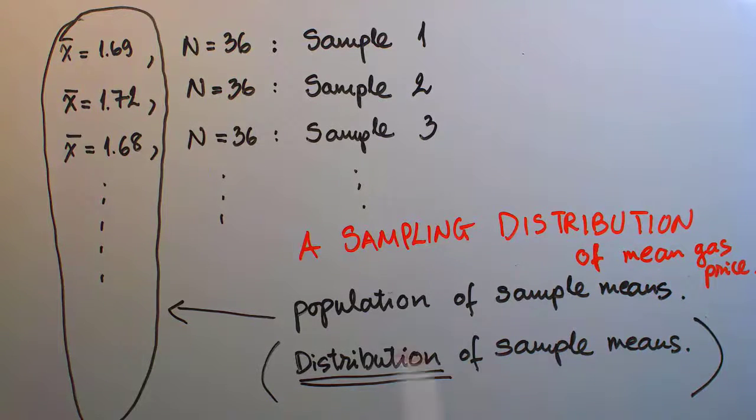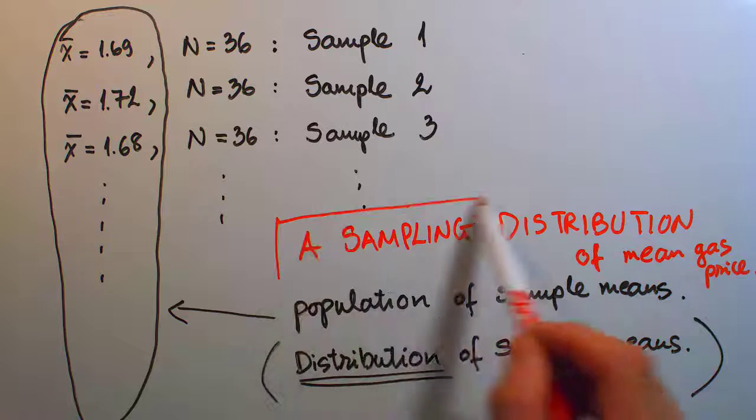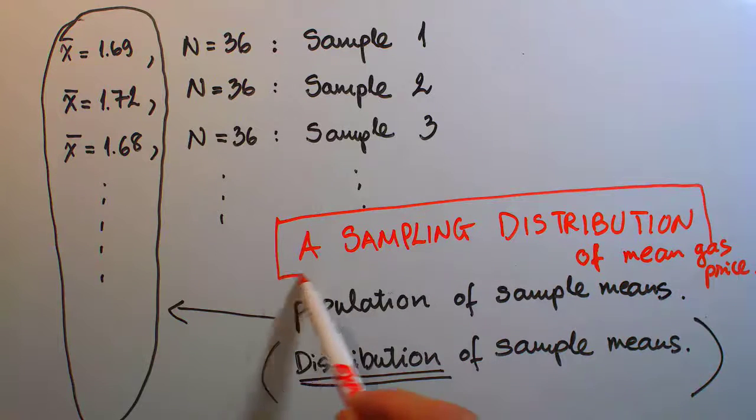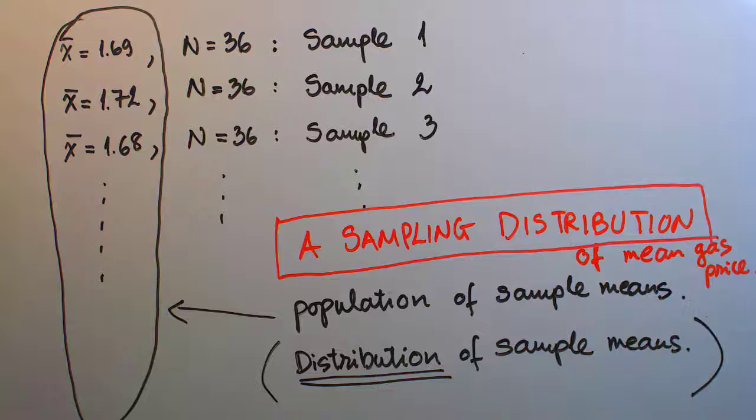But now, most importantly, we understand what a sampling distribution is. A sampling distribution is a distribution of sample means, or another way of thinking, it's a population of sample means. Those sample means represent the true population mean that we're looking for. And that's what a sampling distribution of a mean value is all about.